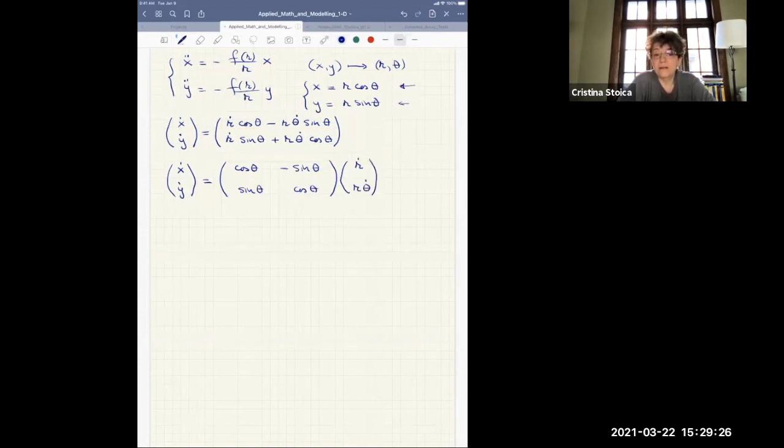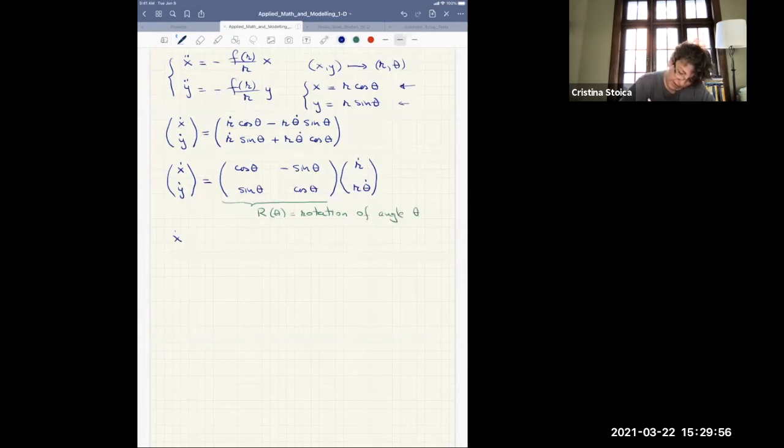And I recognize in that matrix a rotation of angle theta. That will count later. It's very beautiful, actually, what happens. So I'll make it a side note: this is a rotation of angle theta.